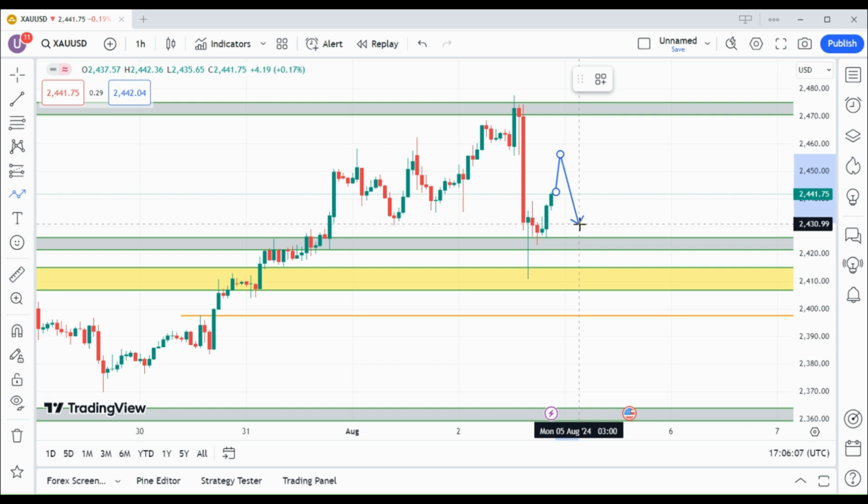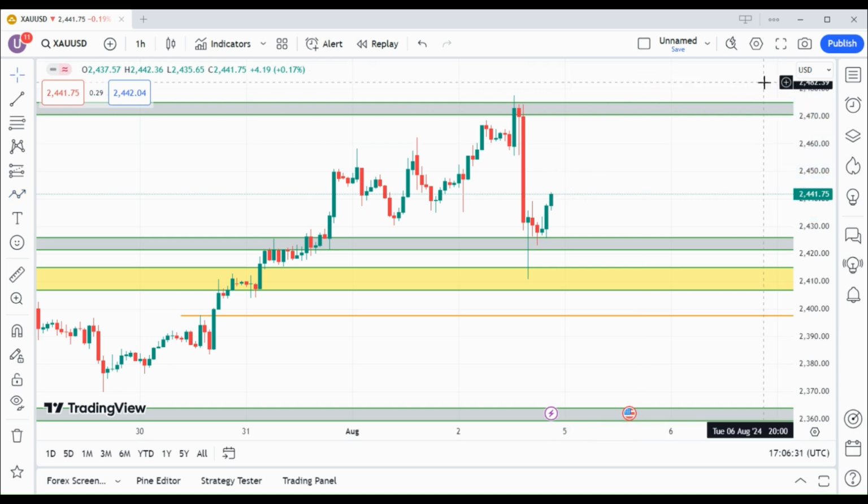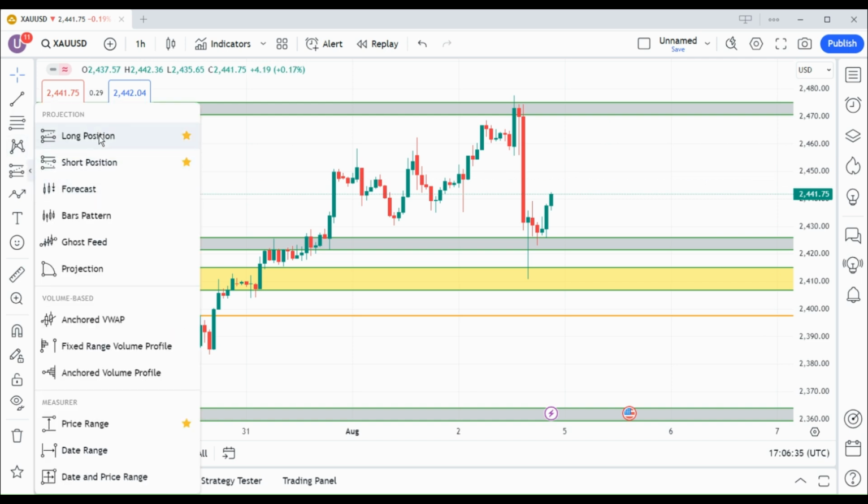If this market comes back to this zone, we will wait for a price action, a bullish engulfing candle. When we see a bullish engulfing candle or a significant pin bar here, we will enter a buy here and rally this market to that monthly upper zone. So let me use our tool to mark it so that you will see clearly how I will join this market.